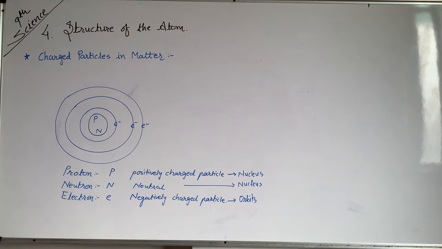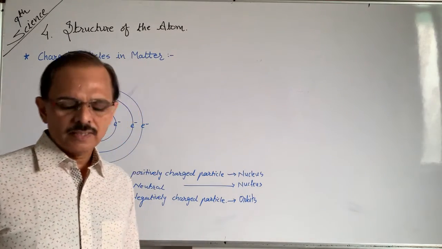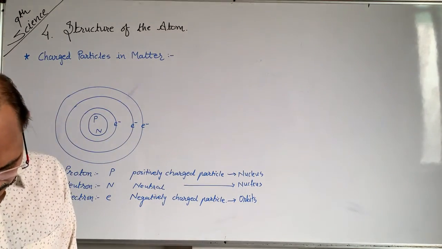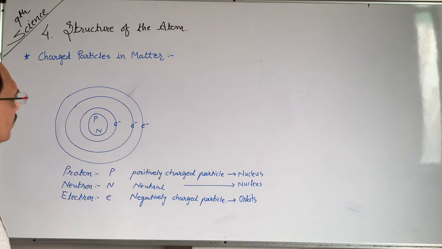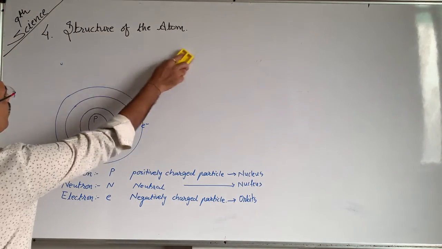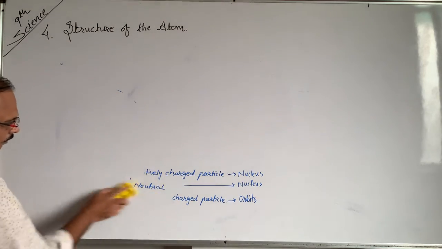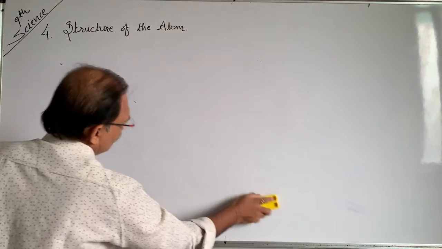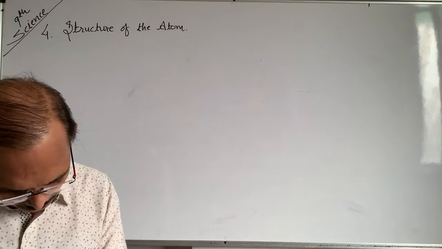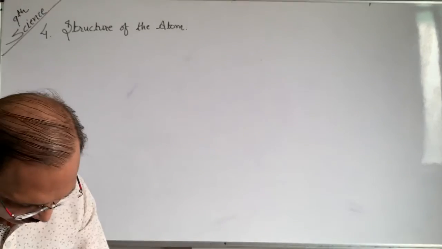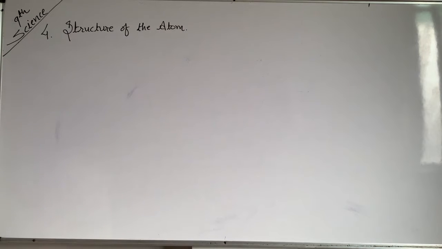Different scientists tried to give different theories. The first theory was given by J.J. Thomson, known as the Thomson model. So J.J. Thomson's theory was the first one to propose a model of the structure of an atom.